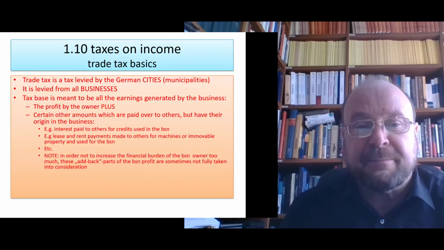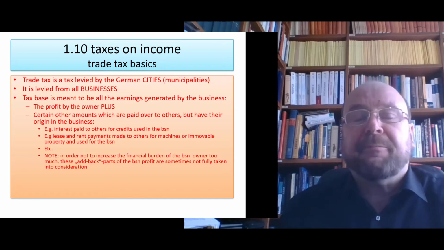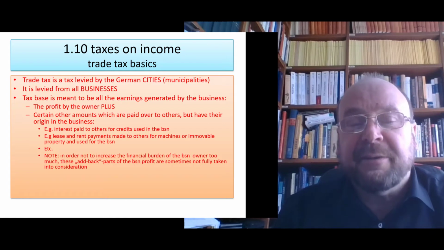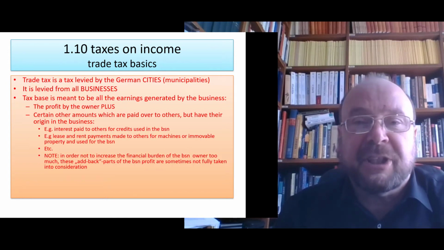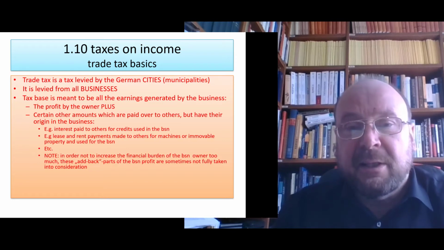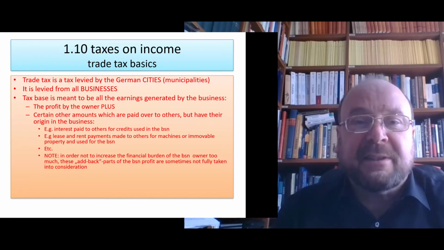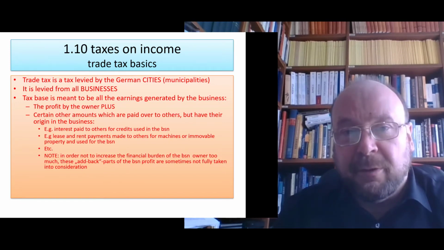Well, so trade tax is levied from all business owners, and now an important aspect must be known. The tax base means to cover all the earnings which are generated by the business, and it should play no role to whom these earnings are handed over.